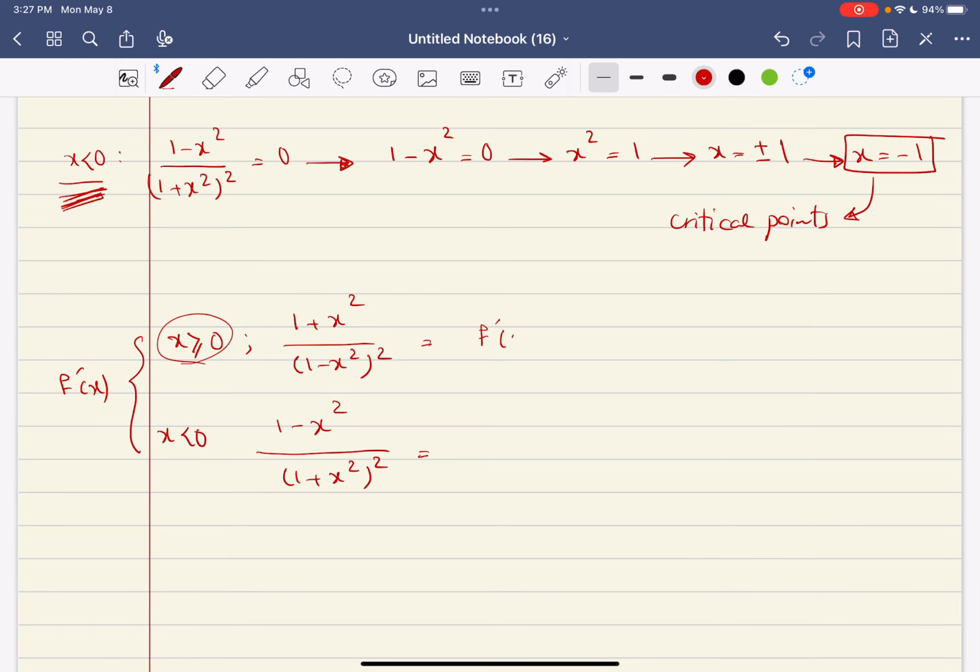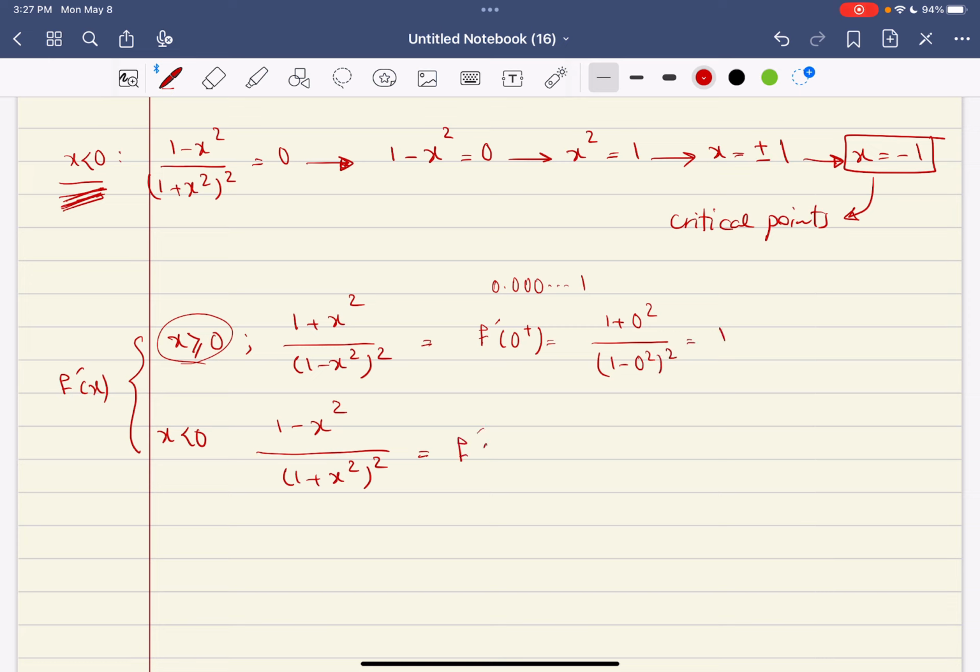F prime of 0 plus, or values very close to 0 from the positive side, would be equal to 1 plus 0 to the power of 2 over 1 minus 0 to the power of 2 to the power of 2, which would be 1.